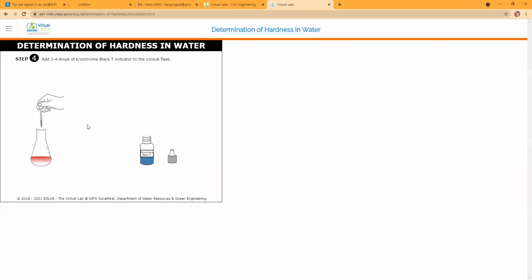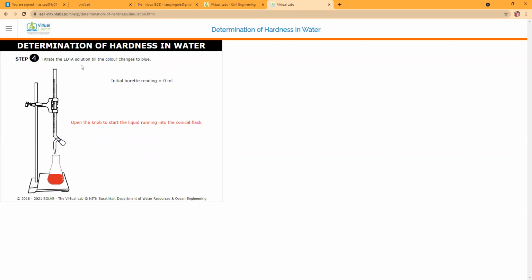After addition, the color changes to wine red. Titrate with EDTA solution till the color changes to blue.